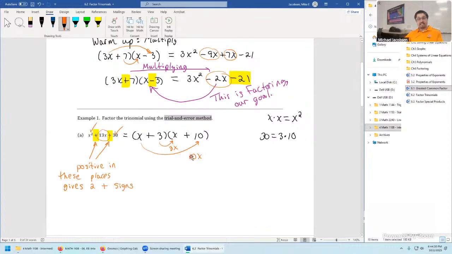So if we add up the 3x and the 10x, we do get the 13x. And it tells us our work is totally complete on this point. The answer is x plus 3 times x plus 10. And there's really no further checking we would have to do at this spot. Because there's lots of notes here, I just want to convey that's the answer right at that step. Any questions, folks, on getting through that one?